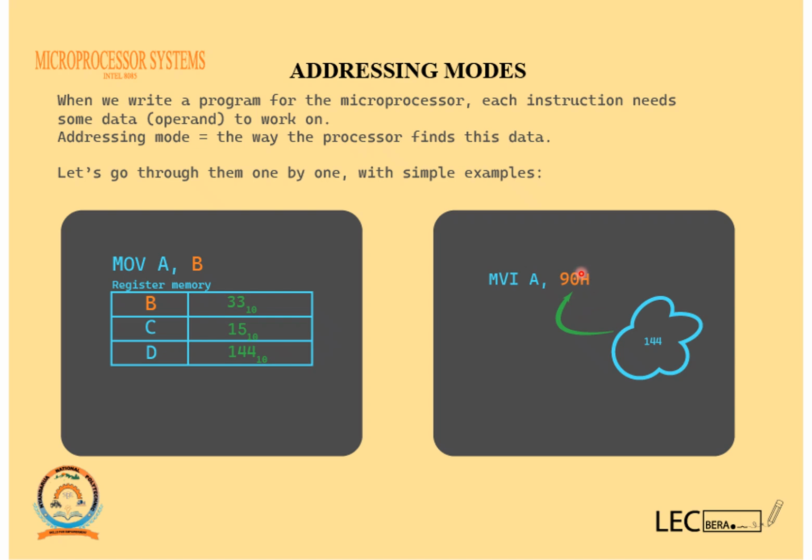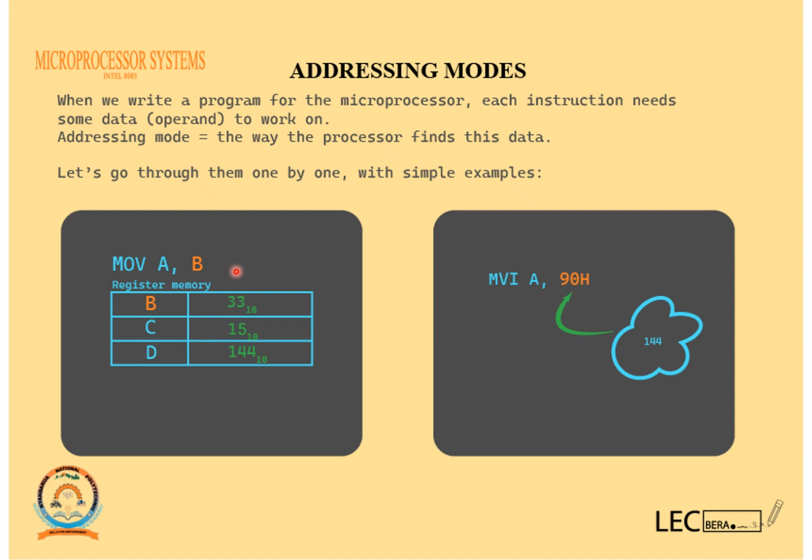Why are we having 90H, yet 144 is the one inside our mind? Remember, the computer is not going to work with the decimal number. They are more efficient working on the hexadecimal number or binary number. So now you have to convert the number from decimal to hexadecimal for you to insert inside the instruction.